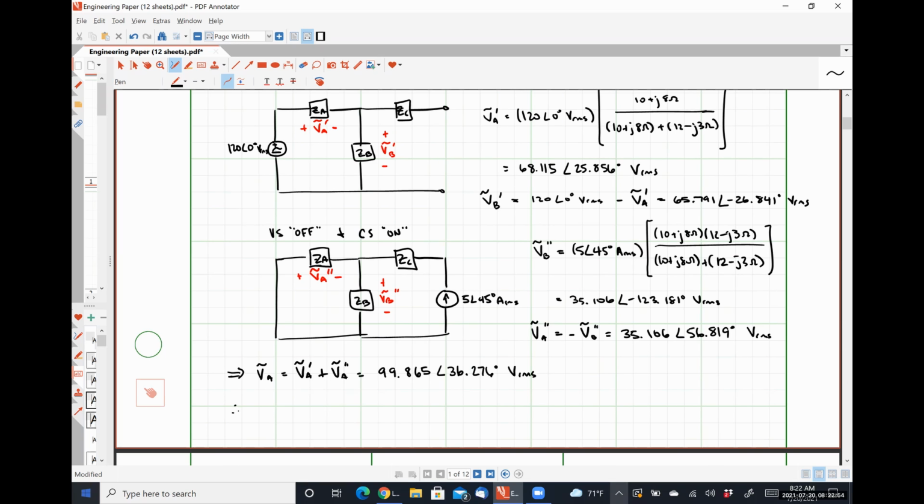Which in turn allows us to do SA. SA is going to be the magnitude of VA squared over ZA conjugate.